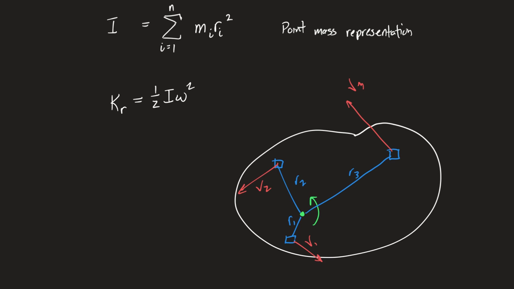It's about how far away each piece of mass is from the axis of rotation, regardless of whether it's one-dimensional, two-dimensional, or three-dimensional. The way I would describe the mass would still be the same. So this definition of moment of inertia doesn't matter whether your object is shaped like a bar or a potato. It's all about the distance of each mass to the axis of rotation. That is the most important quality of moment of inertia.